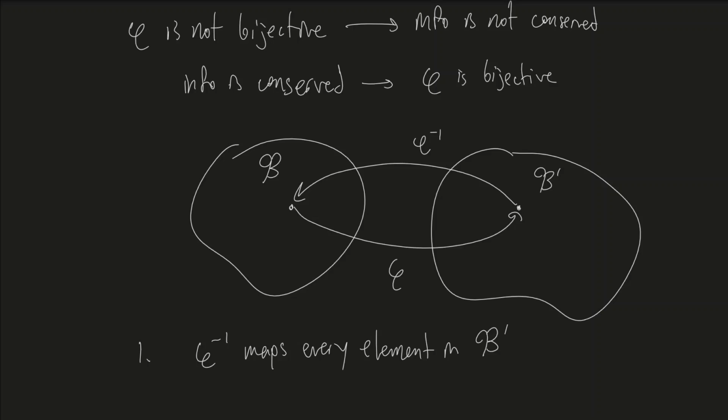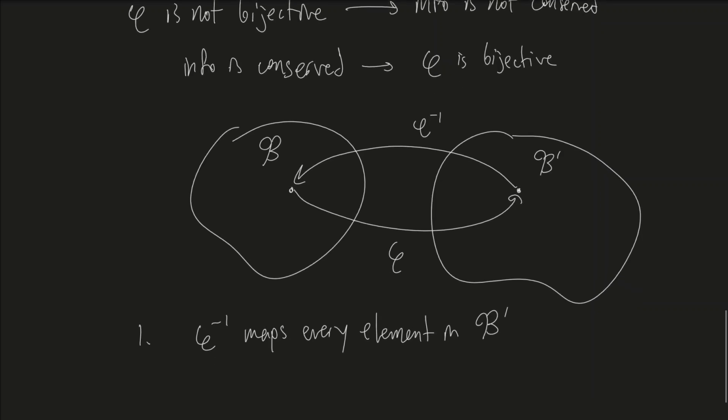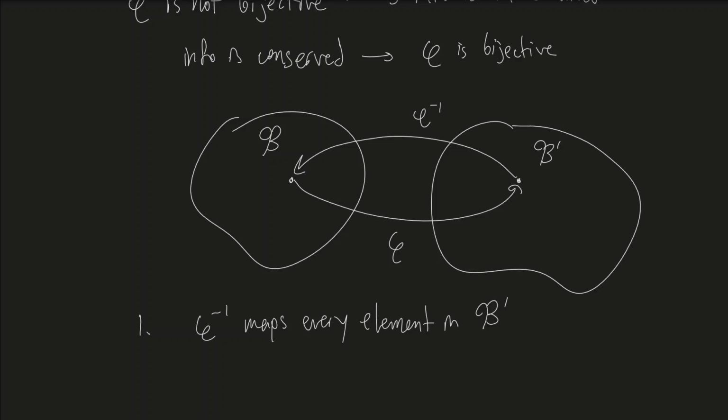Okay, so when does this happen? Well, phi inverse only maps values of phi back to where they came from, right? So if phi inverse maps every element in b prime, that means that every element in b prime is a value of phi. And this is exactly what it means for phi to be surjective.